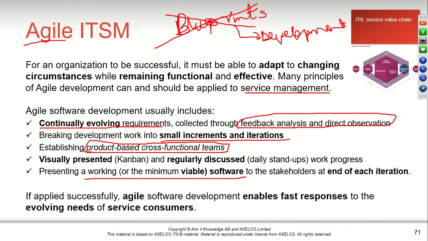Also, in Agile, there is always a daily discussion, which is called a daily stand up, to discuss the progress of whatever activities are being done. And this is also made visible to everybody to ensure collaboration. And they do that by using Kanban, okay, which we will see much later.